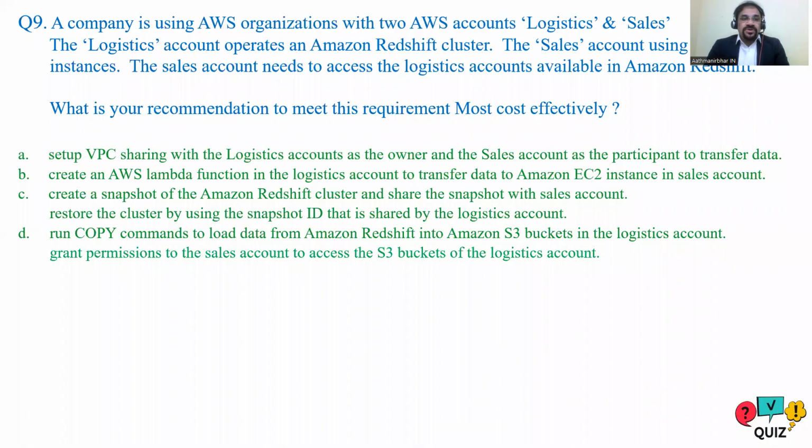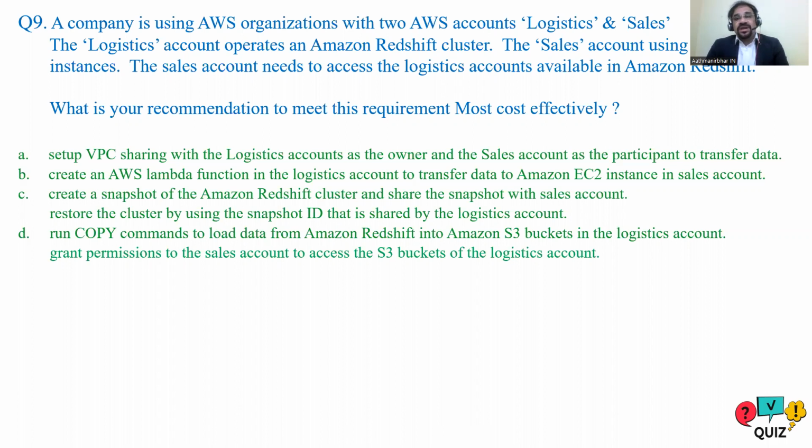So the next question is, a company is using AWS Organizations with two AWS accounts. One account is called logistics and another account is called sales. The logistics account operates an Amazon Redshift cluster. They have their database in the Amazon Redshift cluster.